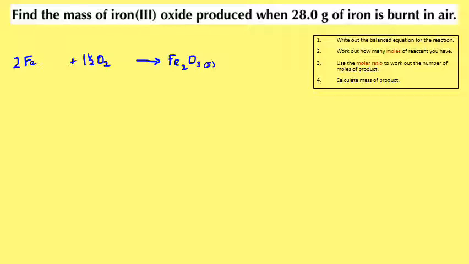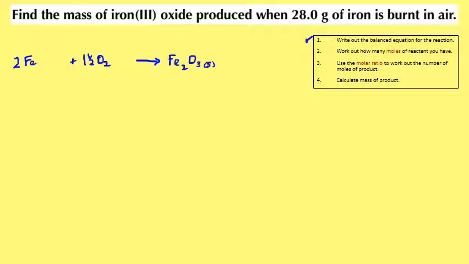So 1.5 times 2 is 3, and so now we're balanced. You could have a multiple of this. You could have 4 Fe plus 3 O2 gives 2 moles of iron 3 oxide, but this is slightly simpler. So let's leave it at that. So there we have step number 1 done.